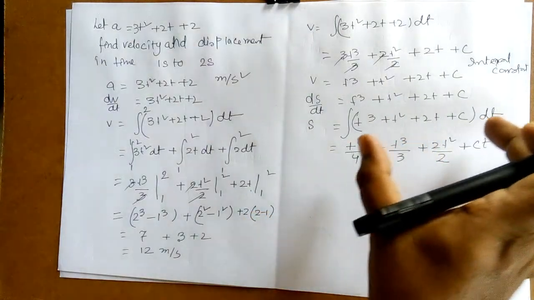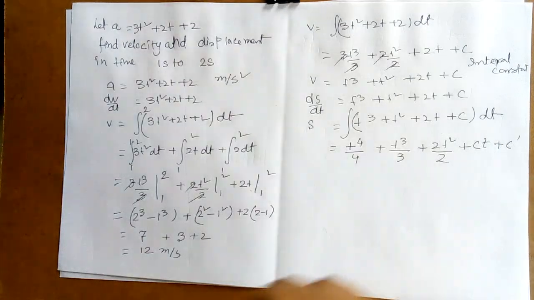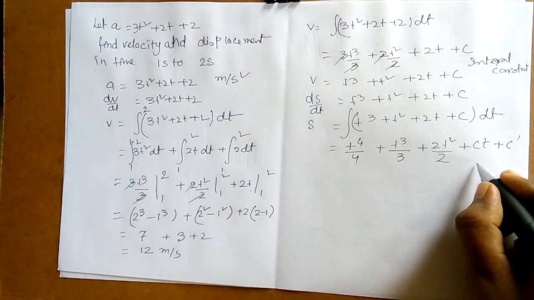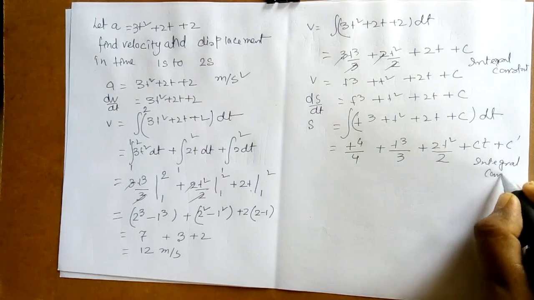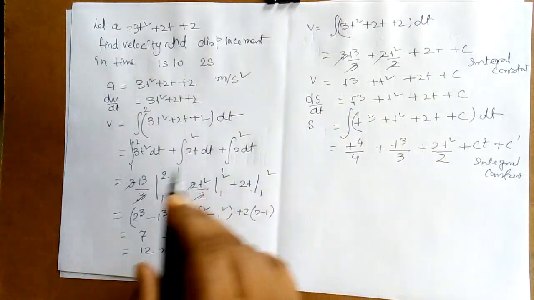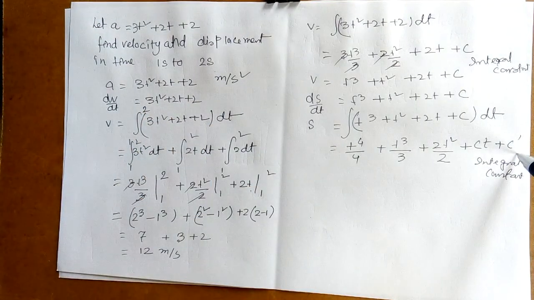Plus, as it is another integration, we have to use another constant c dash. So c dash here is an integral constant. And if you want to give the limit, then no need to add this c dash. If you do not want to give the limit, then add c dash.